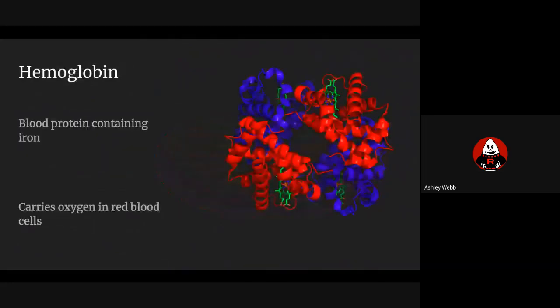The next one is hemoglobin. Hemoglobin is a word we hear a lot, I think, but I don't know that we necessarily know exactly what it means. But it's a blood protein containing iron, and it carries oxygen in red blood cells.